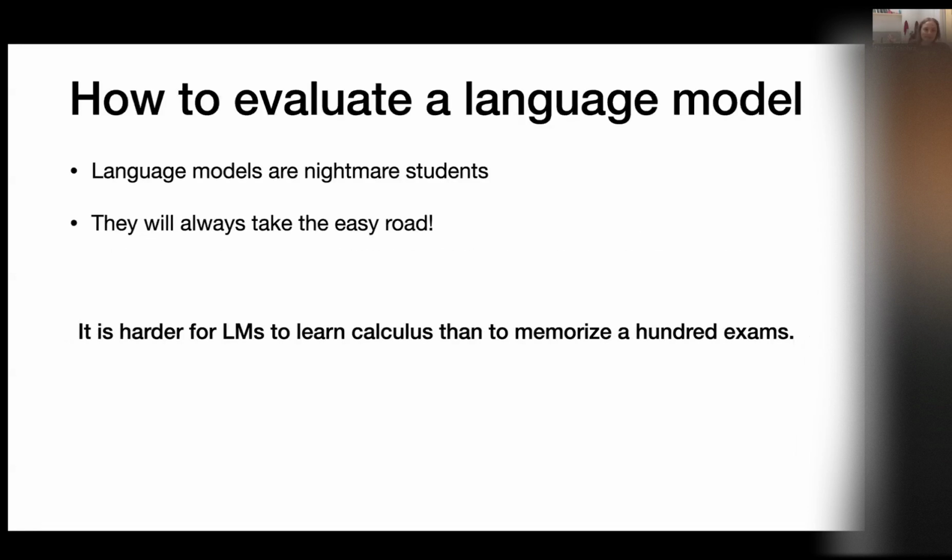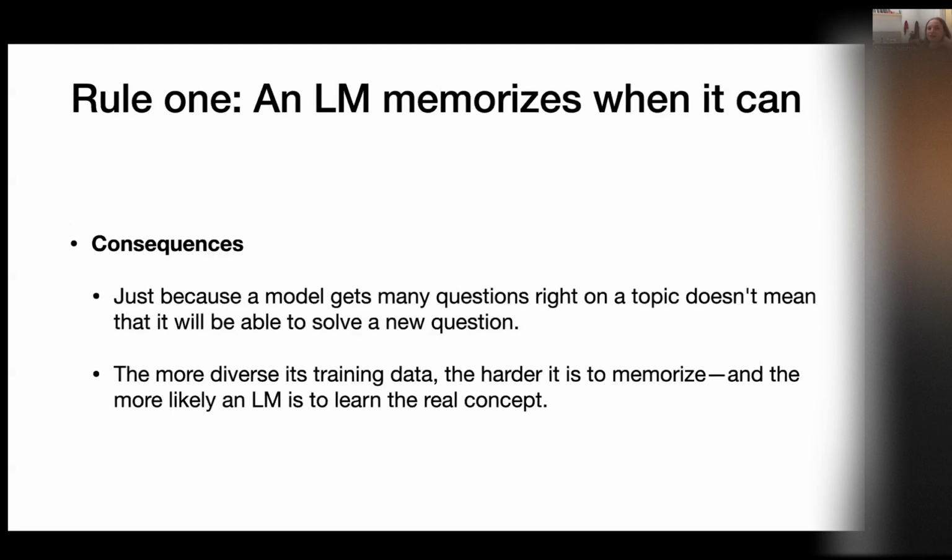They are like nightmare students. They'll take the easy road every time, and it's actually very easy for them to memorize 100 calculus exams. It's probably easier to memorize 50 years' worth of calculus exams, whatever, than it is for them to learn calculus. So you can't really use the same kinds of evaluations.